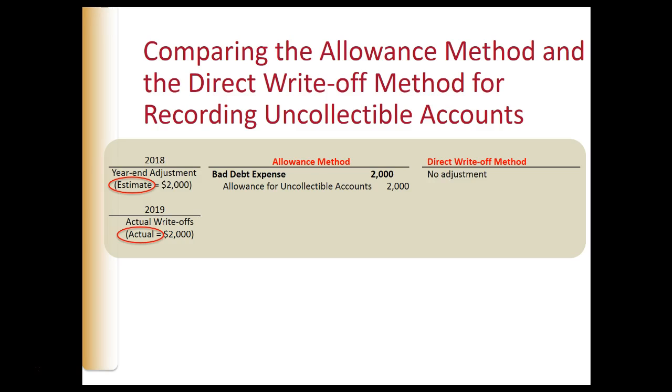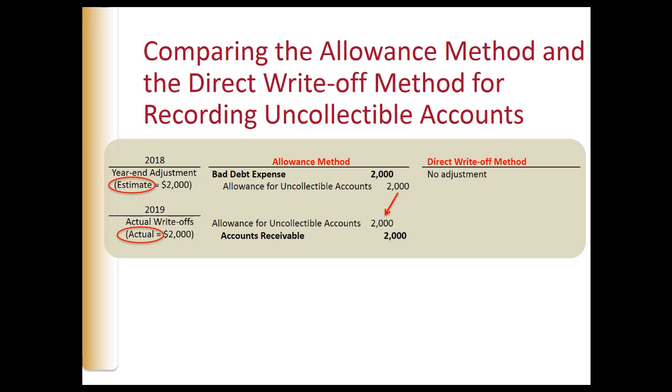Under the allowance method, future bad debts are estimated and recorded as an expense and as a reduction in assets in 2018. Under the direct write-off method, though, we make no attempt to estimate future bad debts. We record bad debt expense in the period the account proves uncollectible. In this case, we report the bad debt expense and reduction in assets in 2019.